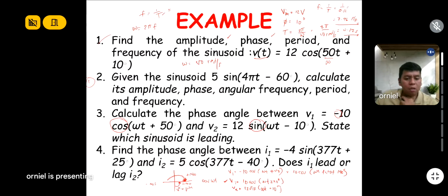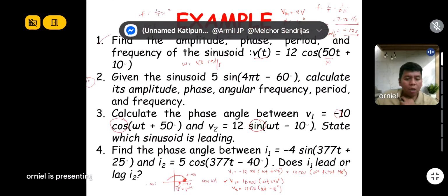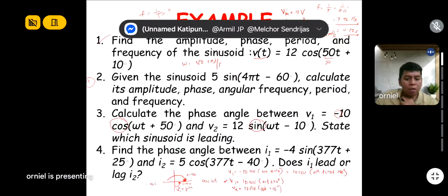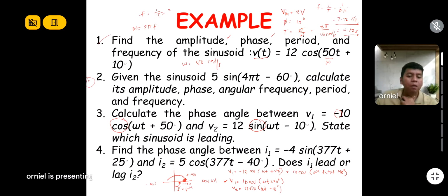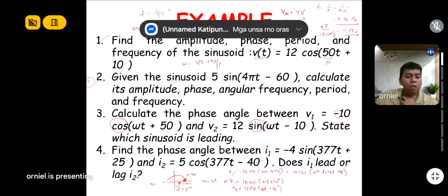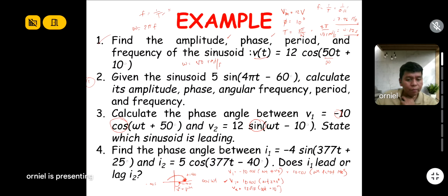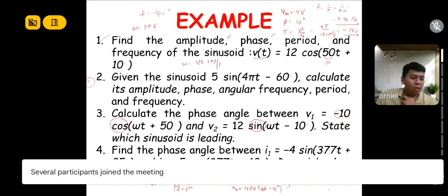Since you are converting from positive sine to positive cosine, the rotation is counterclockwise. So you add 90 degrees or negative 90. So for V2, V2 will be equal to 12 cosine omega t minus 10 minus 90.